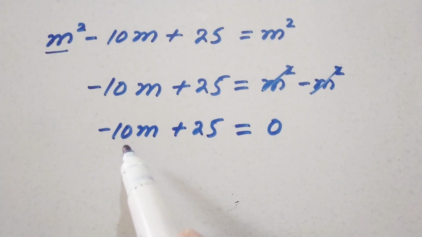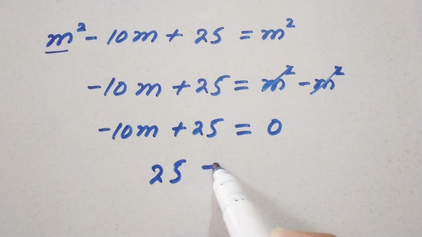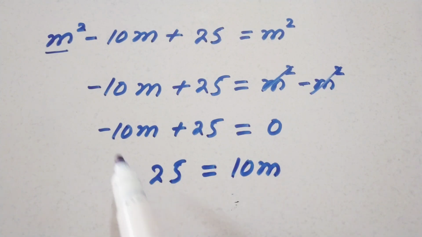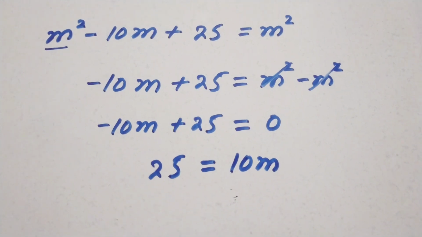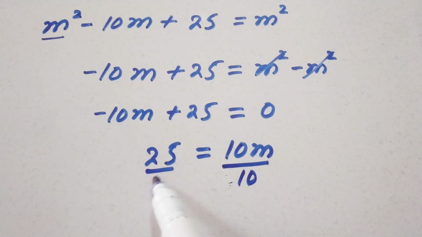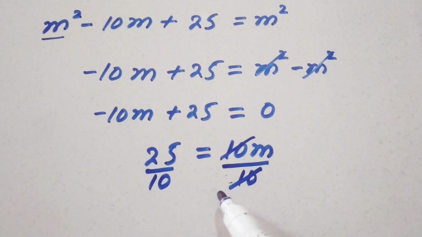Now moving this 10m from left hand side to right hand side, this will become 25 is equal to 0 plus 10m, which is 10m. By moving this negative 10m from left hand side to right hand side, this will become positive. As we are interested to find out the value of m, so dividing both sides by 10. Here this 10 from denominator and 10 from numerator cancel out each other.